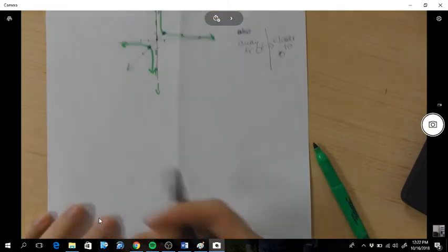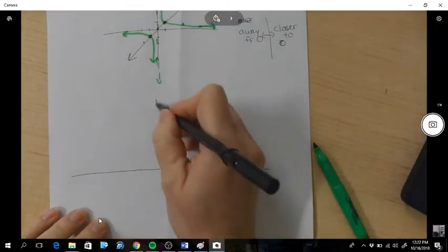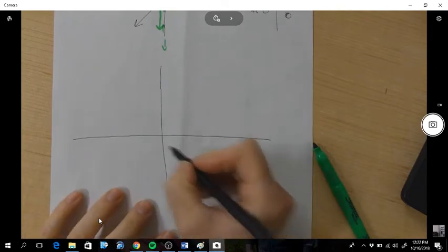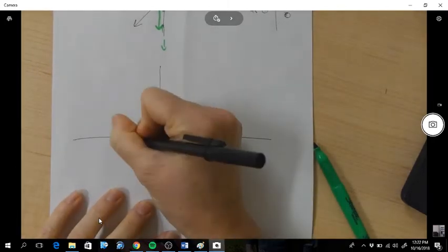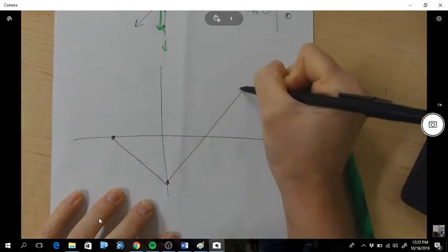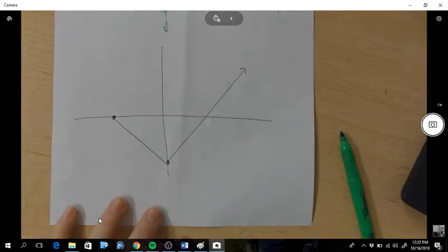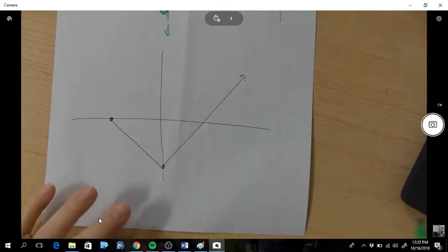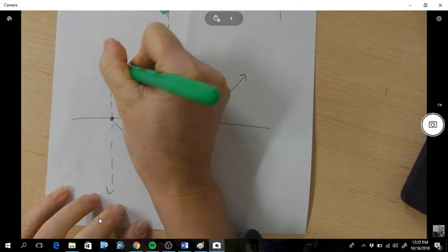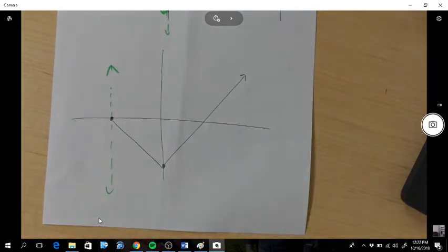Okay, I'm going to draw you another graph. This is going to be a V and then up like that. Look for heights of 0. Here's a height of 0. Now I draw an asymptote.